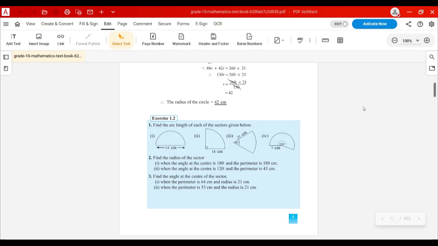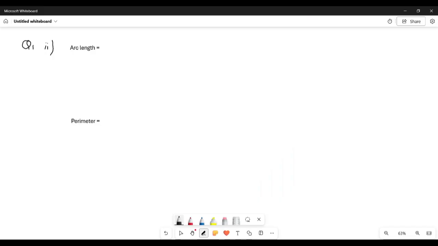Right, now moving on to question number 1, second part. So now we have been given a quarter circle. It's visible because you can see there is a 90-degree angle mentioned there. So obviously that means what? It's 1 by 4 of the circle. Okay, so that makes it easier for us to calculate. So what is our arc length formula again?